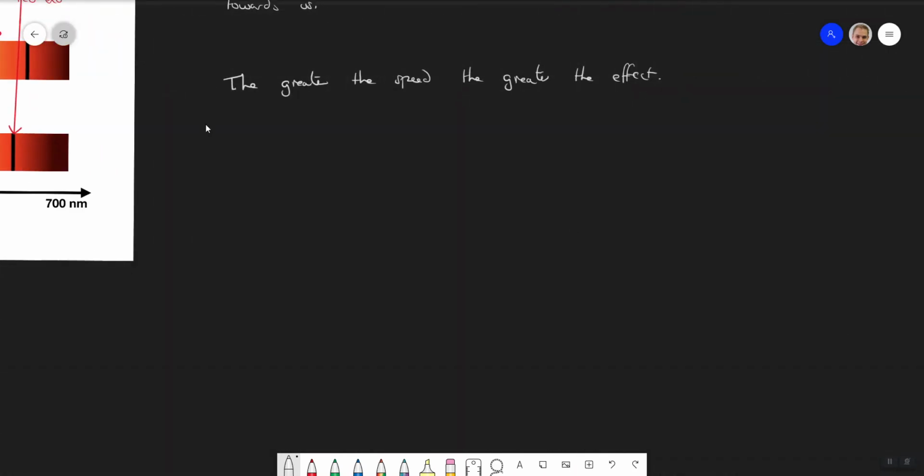So let's have a look. Quick example. The spectra is measured in the lab of the sun.